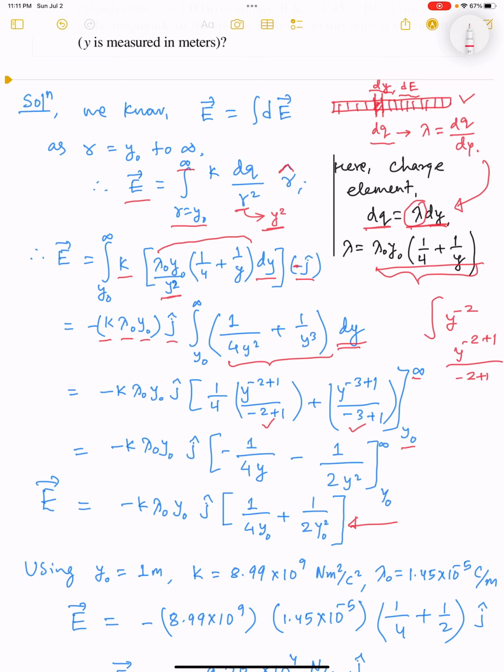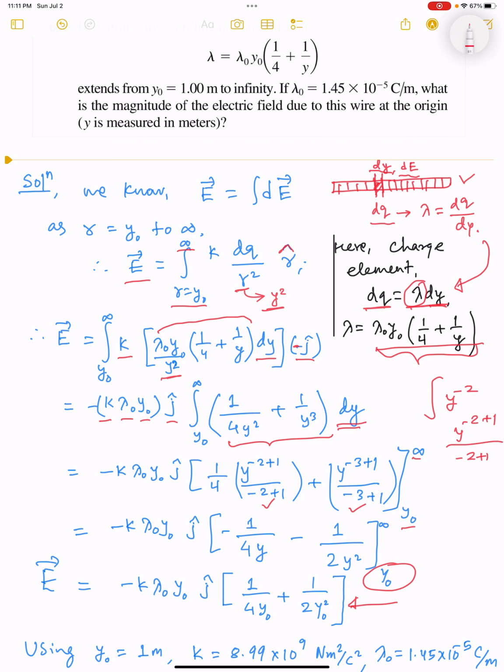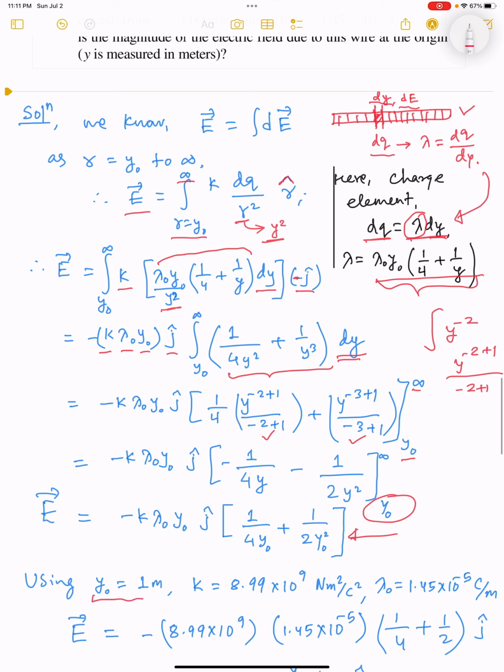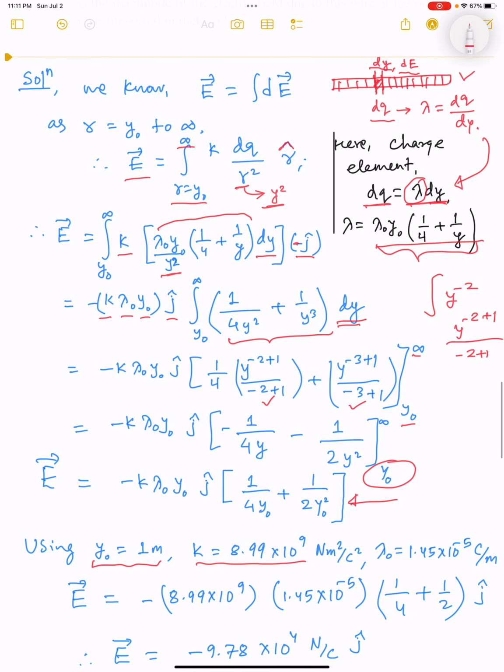So 1 over infinity will be 0. That's why you get the value that corresponds to the lower limit only. As y naught ranges from 1 to infinity, you can use its lower limit, 1 meter. We have the value of constant k, and lambda naught is also given.